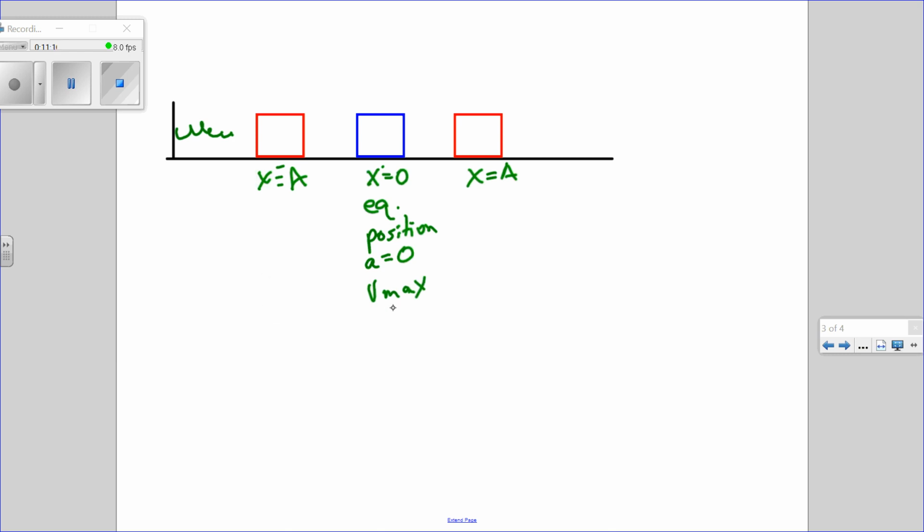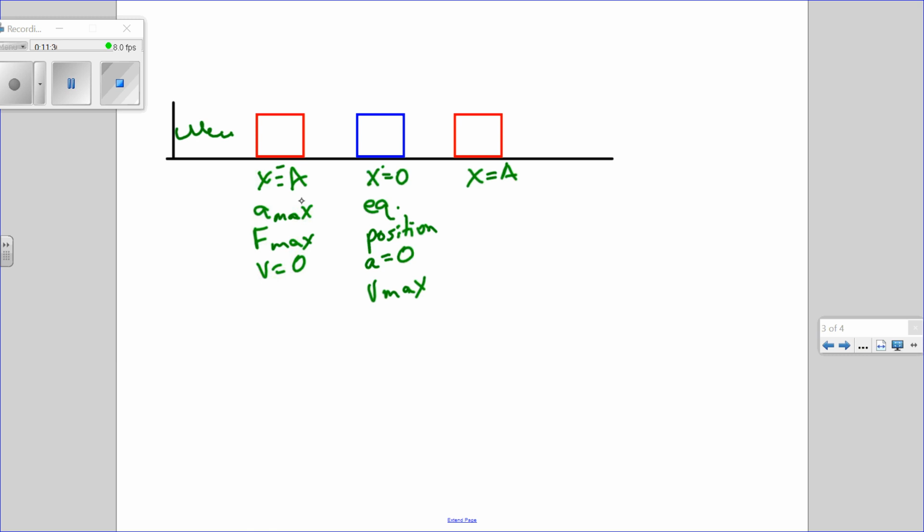And if we come over here, when we pull this back to maybe a starting position with maximum amplitude, at this point the force from the spring is the biggest, and so the acceleration is at a maximum because the force is at a maximum. But at this point the velocity is 0.